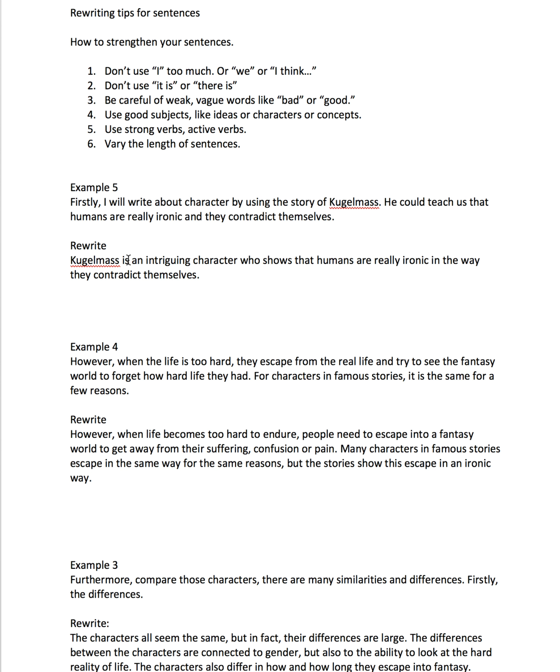Kugelmass is an intriguing character who shows, okay? Now, we used "is" again, which I said is a weak verb, but it's not so bad here. Kugelmass is an intriguing character. Intriguing means interesting, right? Who shows that humans are really ironic in the way they contradict themselves, okay?